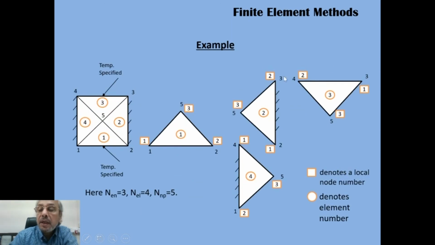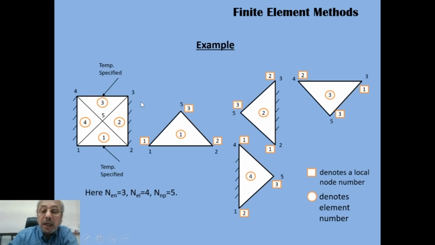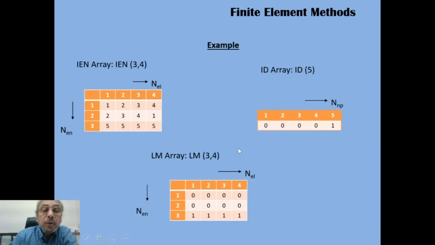Let us look at it. Element 3, local node number 1, but its global node number is 3. So here the entry will be 3. Similarly, element 4, its local node number 1 is this node, but this node is basically globally number 4. Similarly, again the first element, local node 2, what are the global node numbers?